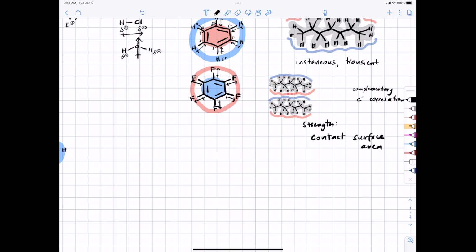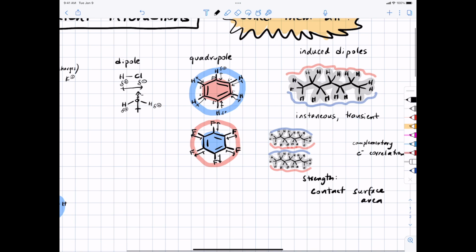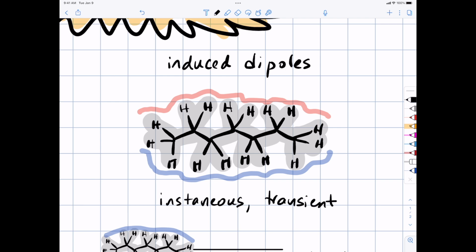This is how the gecko works. Their hand and foot pads, if you look at them at a microscopic level, have lots and lots of little fibers sticking out in all directions. The surface area is enormous, and it can actually make contact with the wall, and the induced dipole interactions are attractive enough to keep the gecko on the wall.